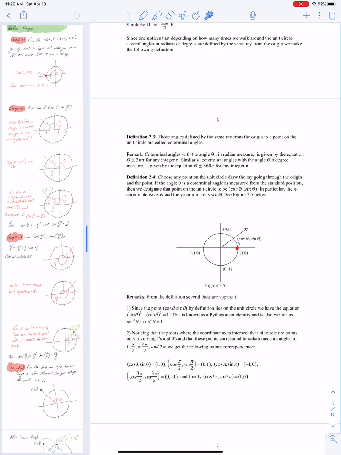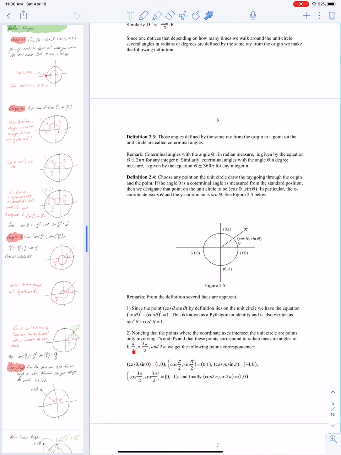Where does that intersect the unit circle? At the point 1, 0, but I know that that corresponds to cosine of the angle 0, sine of the angle 0. And that's where I get cosine of 0 is 1, sine of 0 is 0.